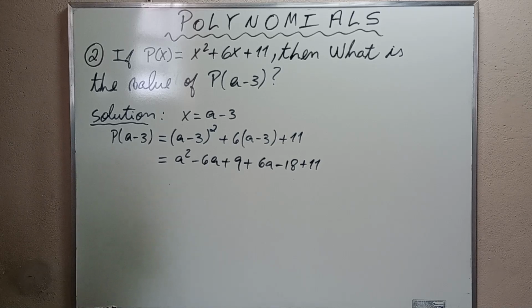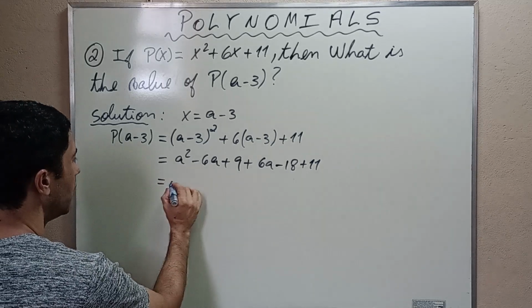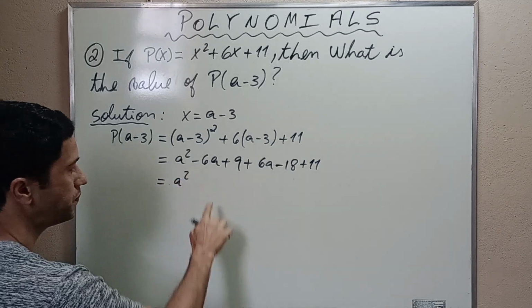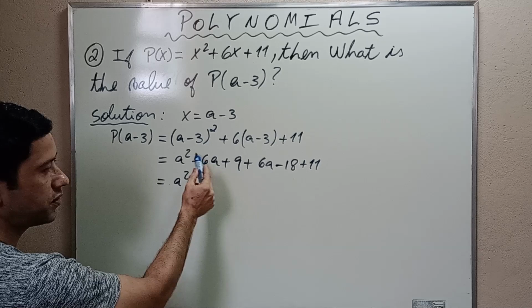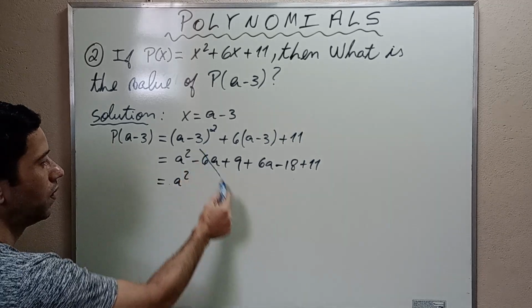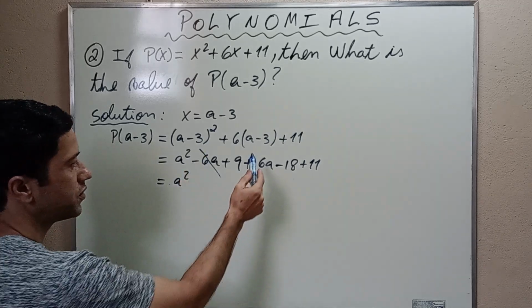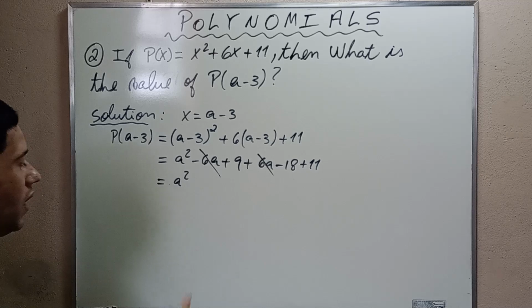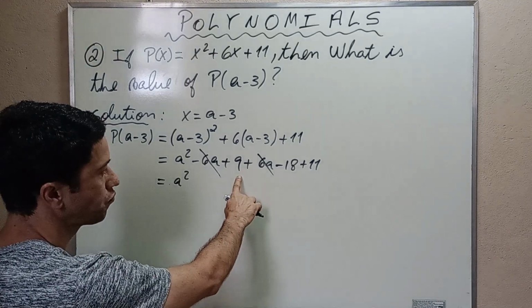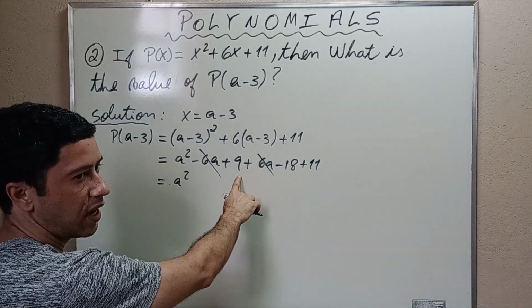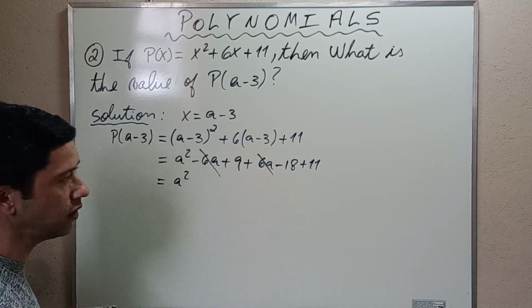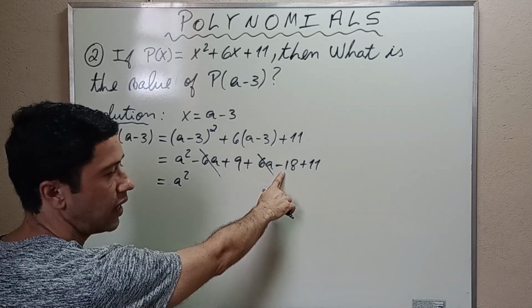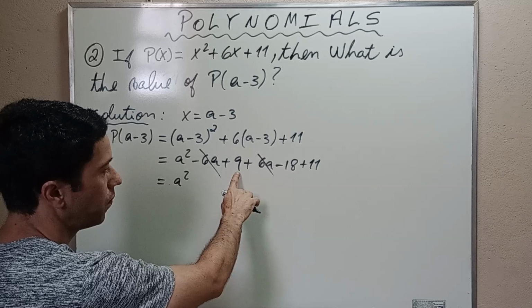Continuing, we find a squared. I can simplify negative 6a with positive 6a. They cancel each other out. And we have here positive 9 with negative 18, negative 9, okay?